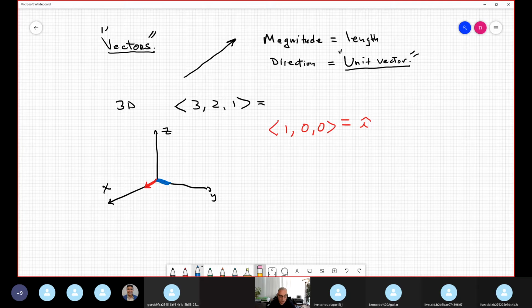Let me use green color for the Y. This vector is the vector 0, 1, 0, and it's the J vector, J. And K is blue in the Z direction. It is the vector 0, 0, 1, it is K.